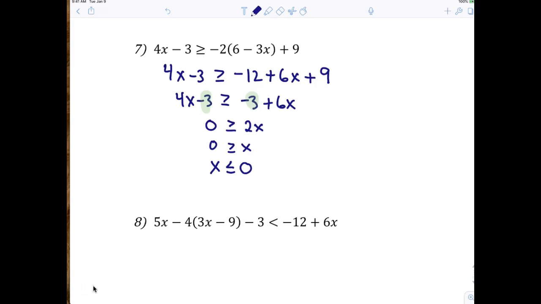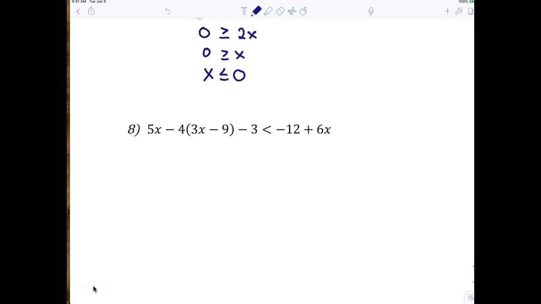Everybody good with this? So now if you're less than, we're going from what? Negative infinity to 0. All right, not too bad.